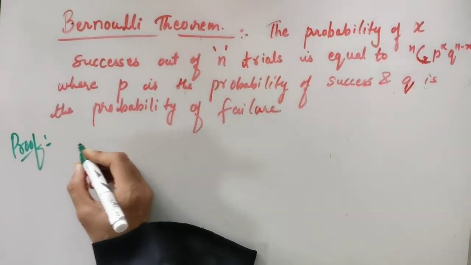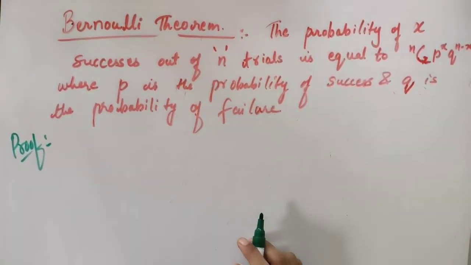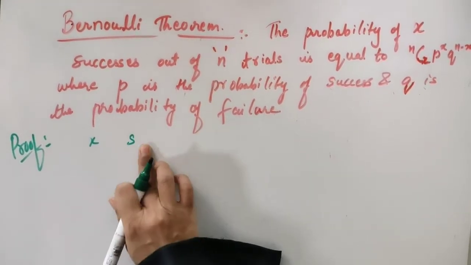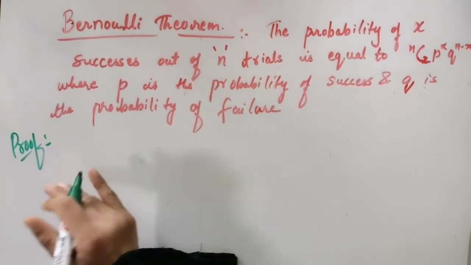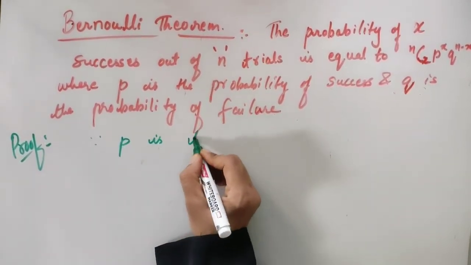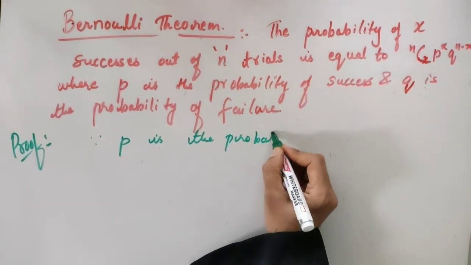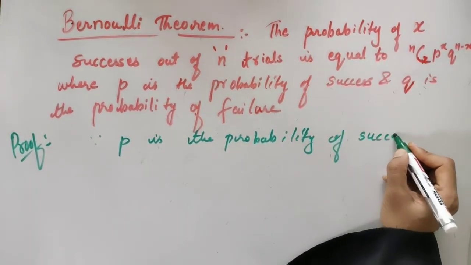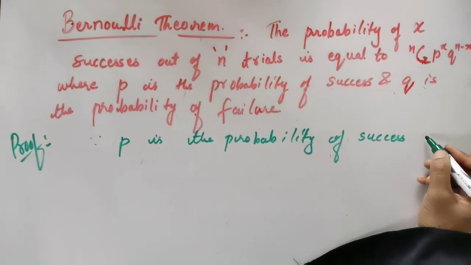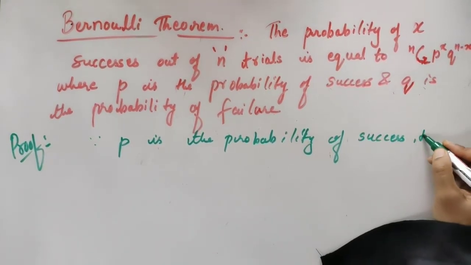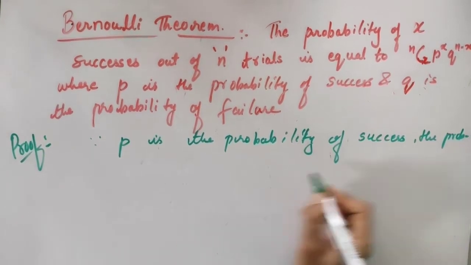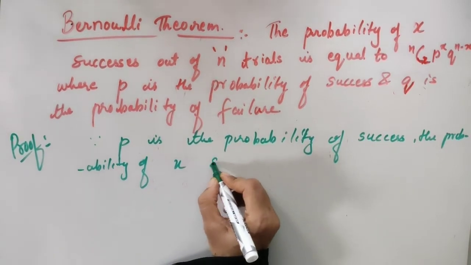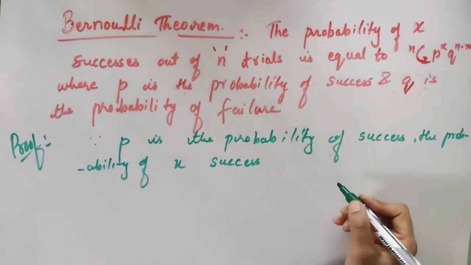Let's find out. Since p is the probability of success, the probability of x successes, and which are these x successes? Independent successes.